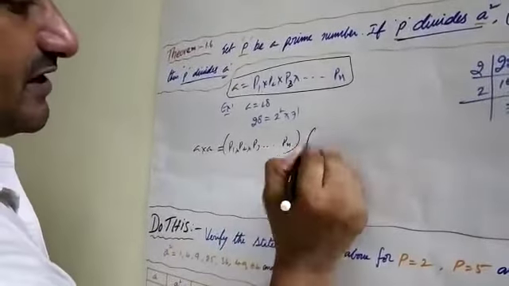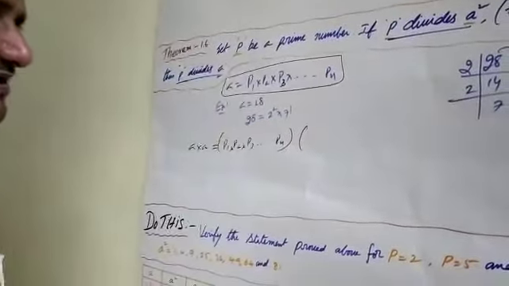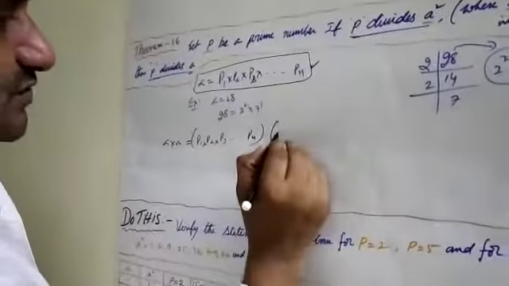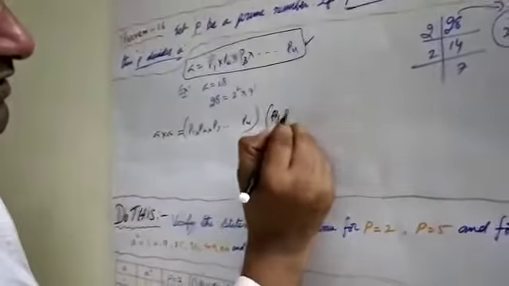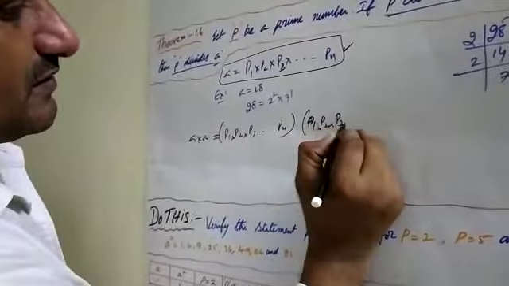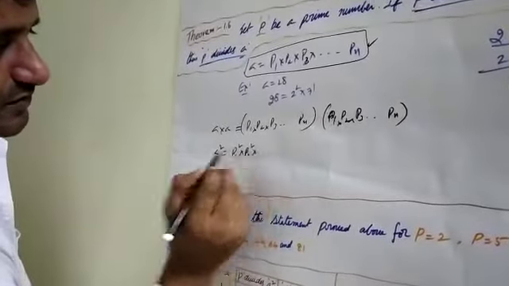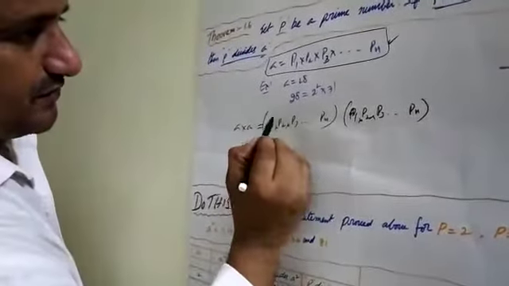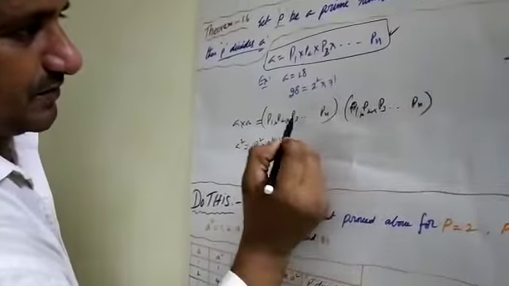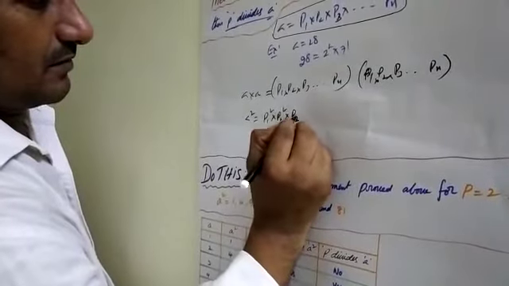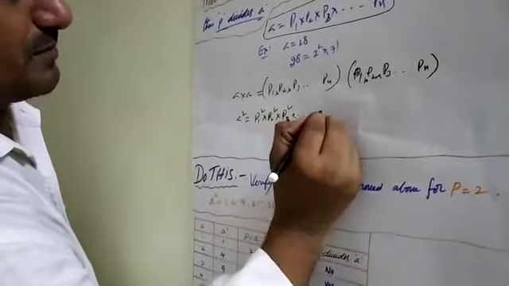At the same time, A into A, this is A also, this is A, P1 into P2 into P3 up to so on Pn. What is this? A square. A square is equal to P1 square into P2 square into P3 square up to so on Pn square, yes or no? That is P1 into P1, P2 into P2, P3 into P3 up to Pn into Pn.